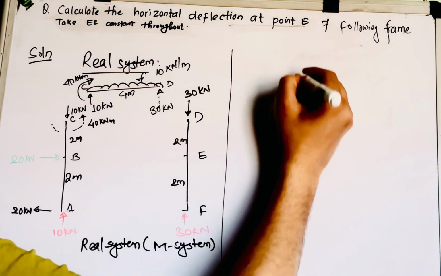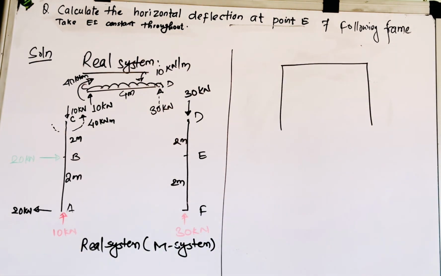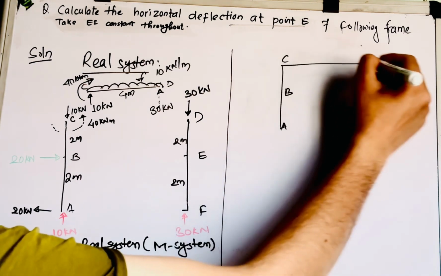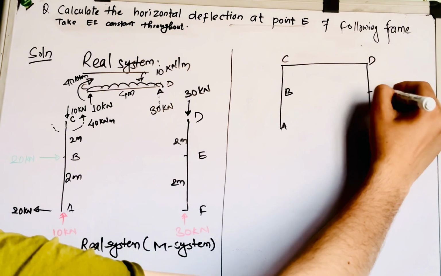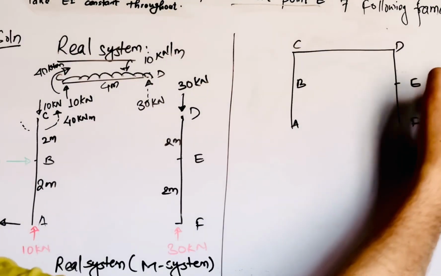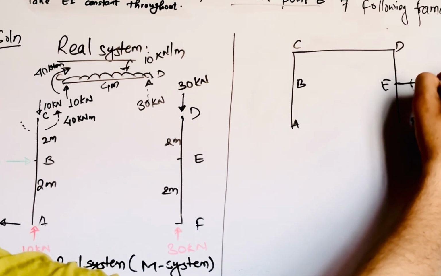Okay, so let us suppose this is your system, this is your point A, B, C, this is D, let this be your E, and this is F, right? So I apply a unit load at point E like this.